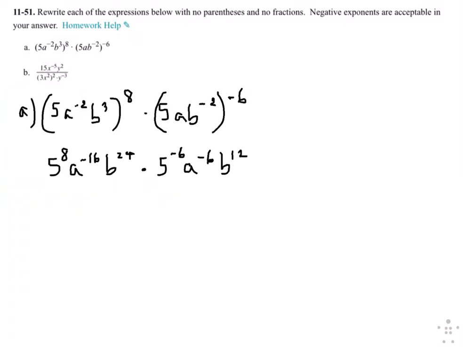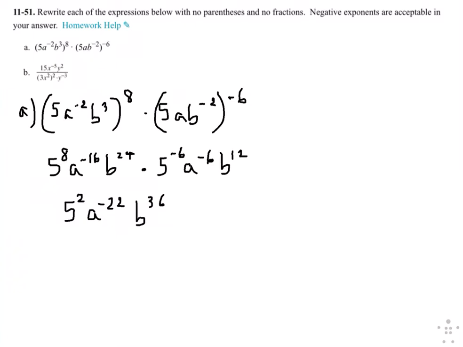Now the power rules say that when you multiply, you add the exponents. So 5 to the 8th, 5 to the negative 6, that gives me 5 squared. A to the negative 16th and a to the negative 6 gives me a to the negative 22. B to the 24th, b to the 12th gives me b to the 36th power.